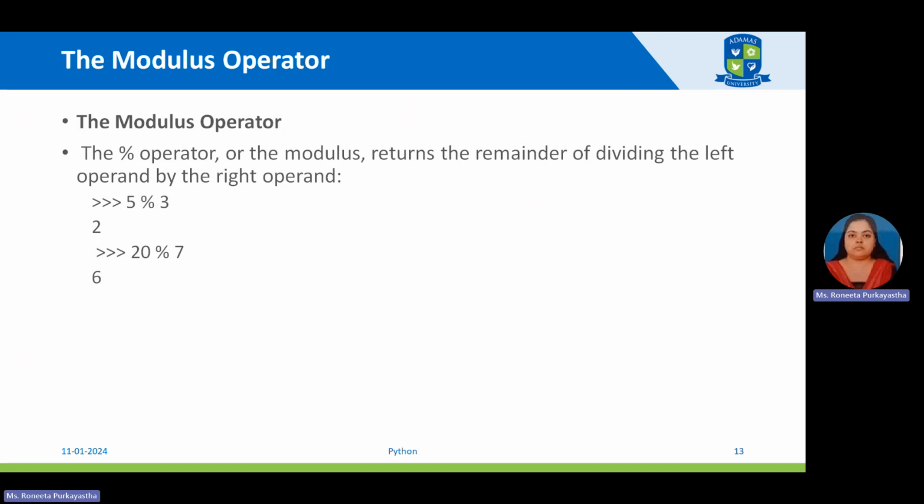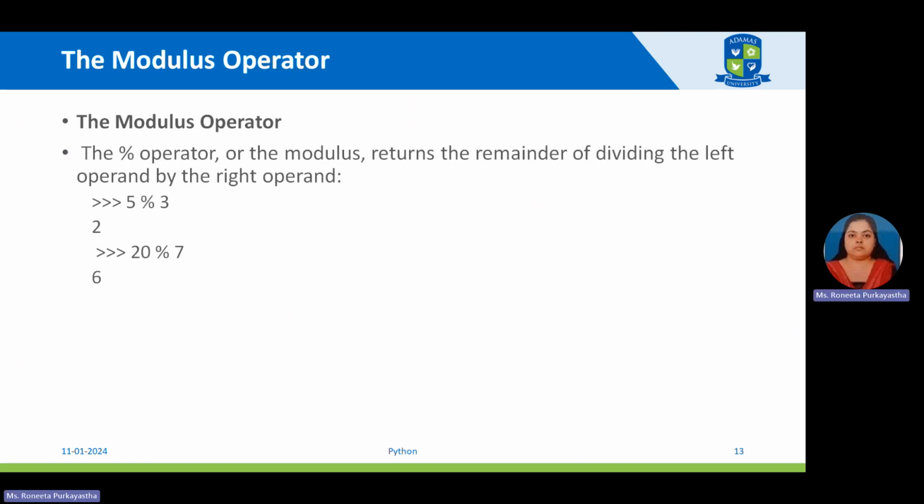Next in the list of arithmetic operators is the modulus operator, right? The modulus operator is different from the division operation. How? Modulus operator means when the left operand is divided by the right operand, what is the remainder left?